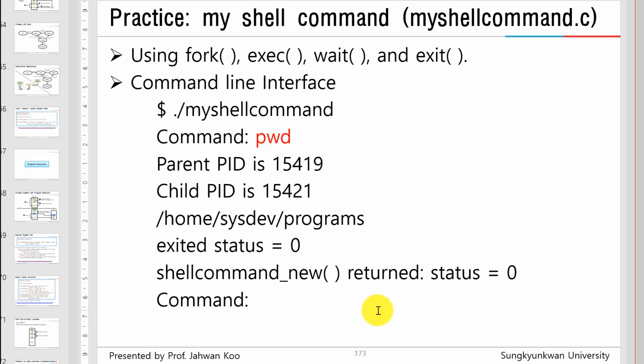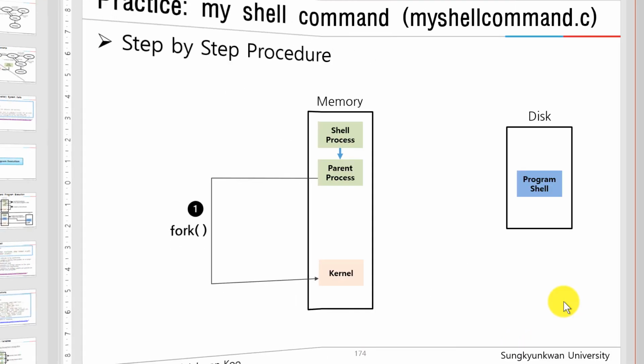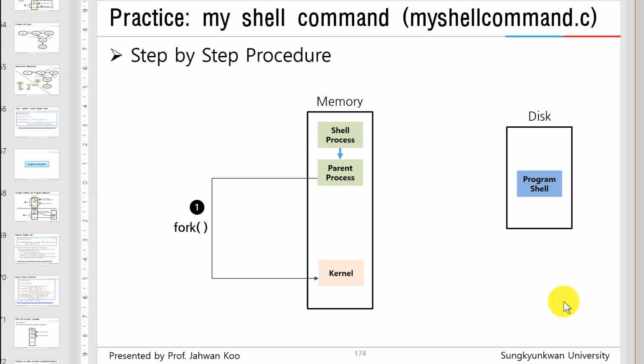Okay, until now, I described the overall input and output of this program. Can you guess or implement this program? How can I implement this program? Let's see the step-by-step procedure.